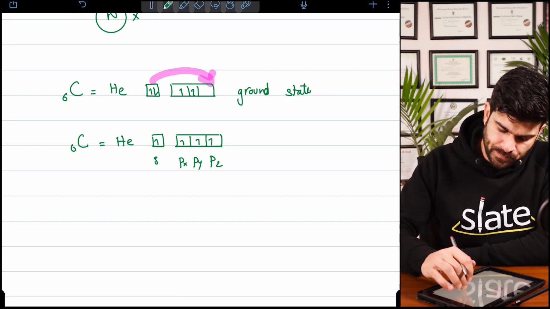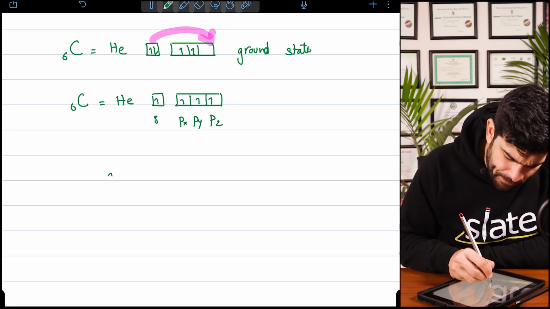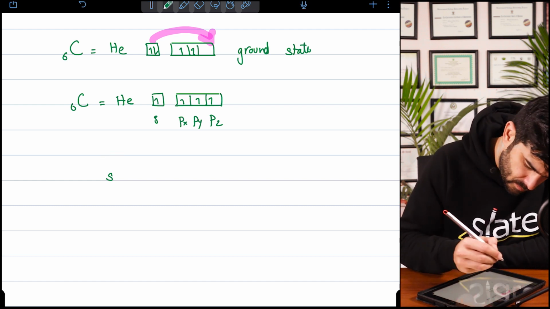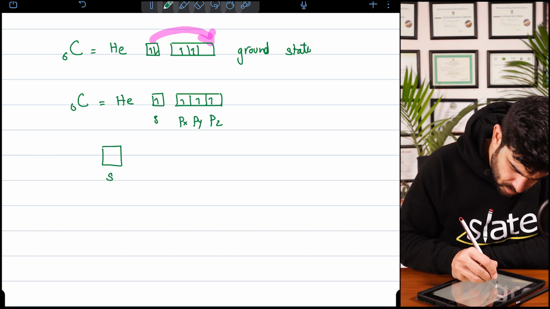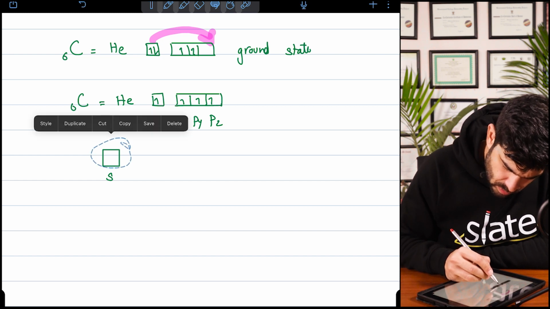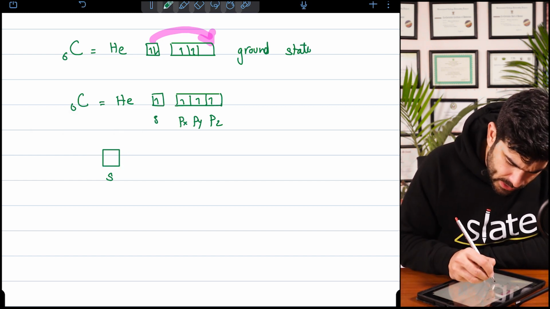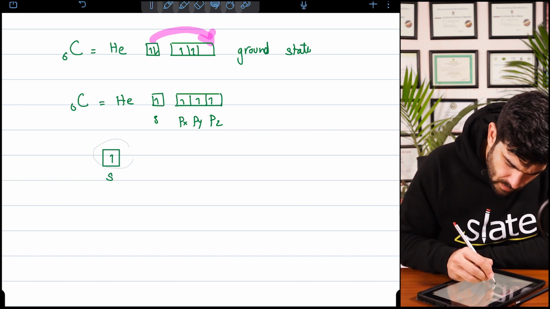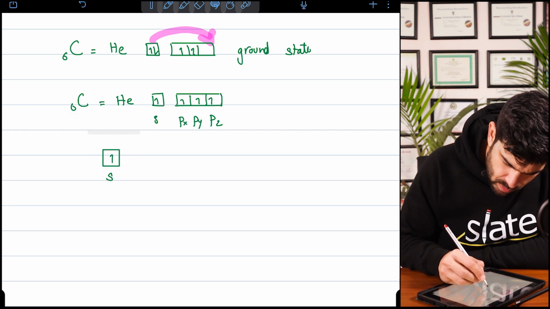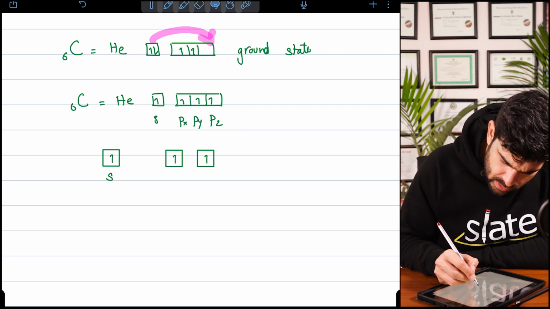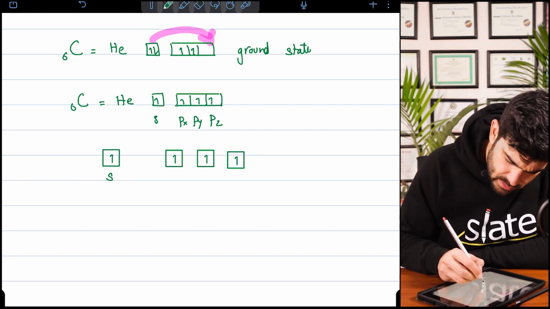Now what happens? Let's separate the orbitals. We have 1 s with 1 electron, and we have 3 p's.